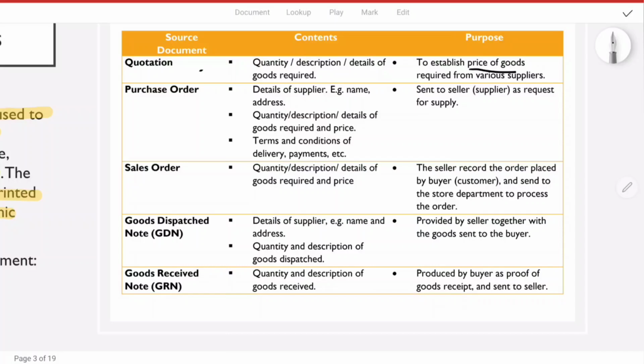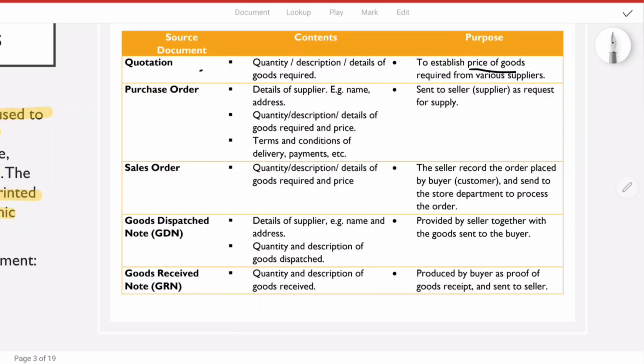Usually in the quotation, the supplier is going to write down the descriptions of the items requested, the details of the goods required, and the quantity of order, because sometimes there is a range of order that gives you different prices.